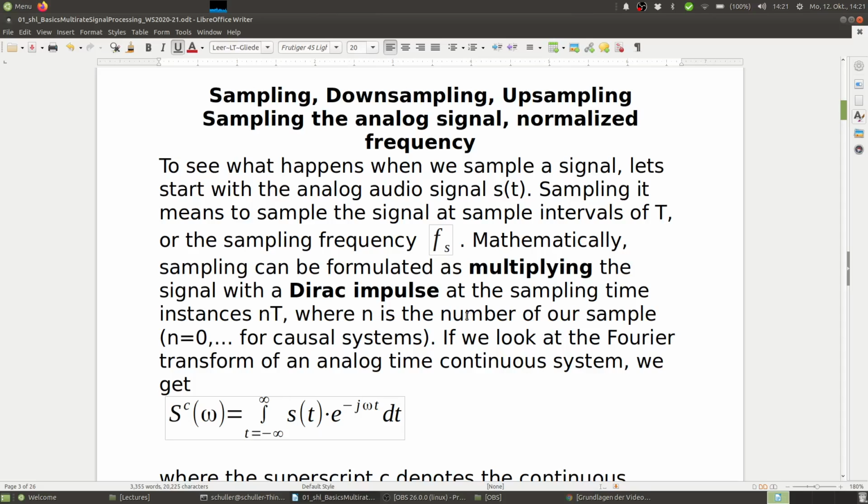Right? So that's the number of our sample.